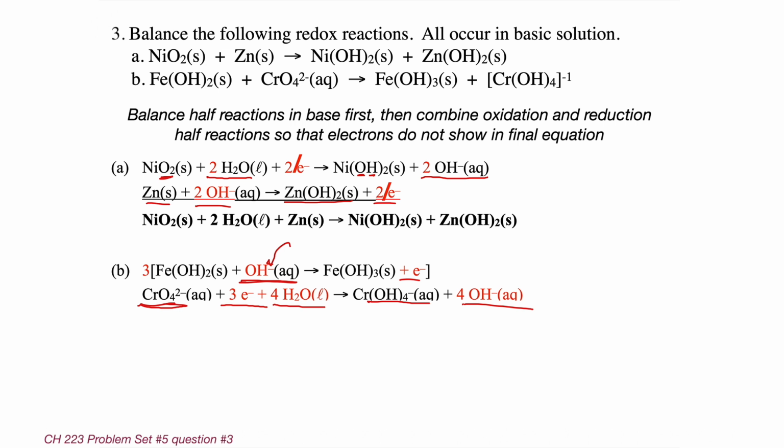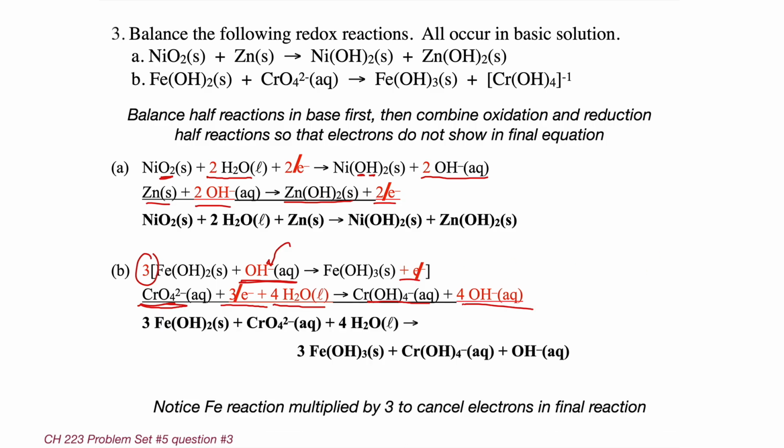Finally, when you combine these two, we need to multiply the first reaction by 3 in order to make the electrons cancel. Again, you want to make sure all the electrons cancel. Don't show electrons in those final balanced reactions. And if you do that, this is what you end up with: 3 FeOH2s and chromate and 4 waters. And that makes 3 FeOH3s plus the complex ion CrOH4- plus a hydroxide.